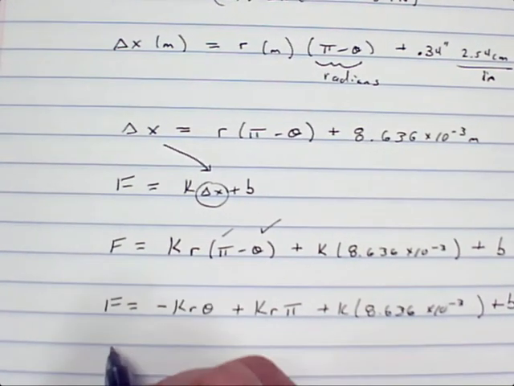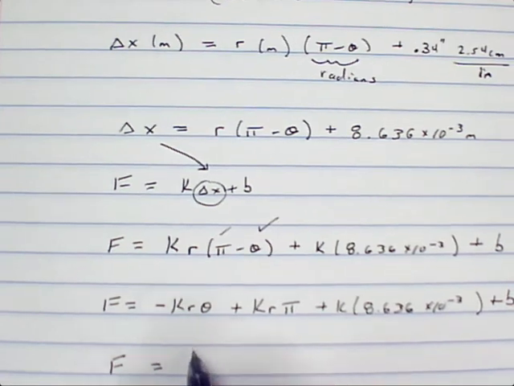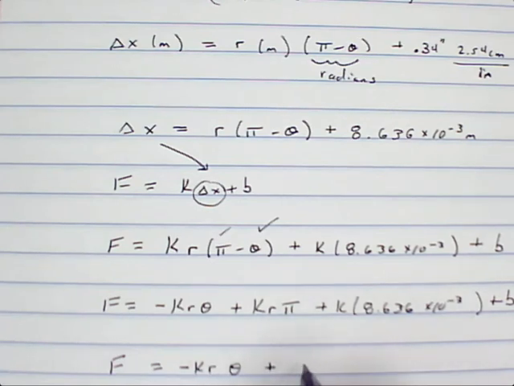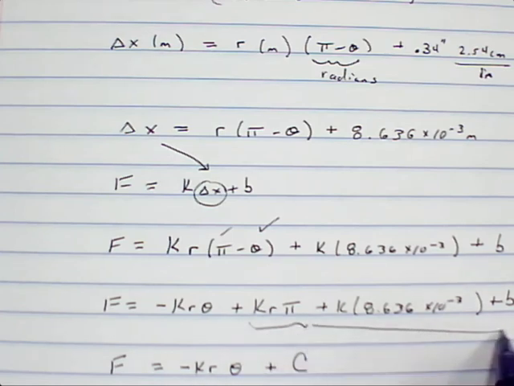This is just saying F is proportional to theta, so I have a minus KR theta, plus some giant offset, you can call it a big C, and this is the offset.